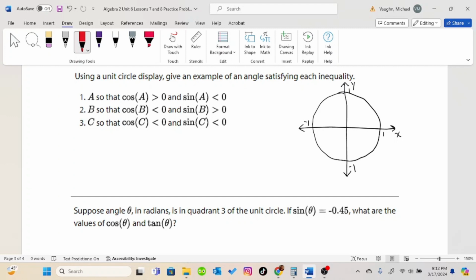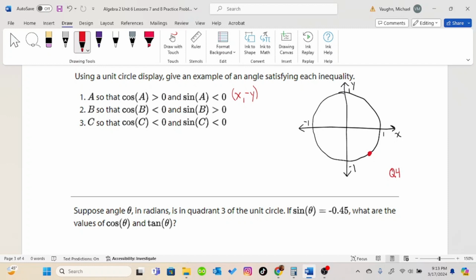This means we need a positive x. And they want sine to be less than 0. That means we need a negative y. To have a positive x and a negative y, we need to be in quadrant 4.